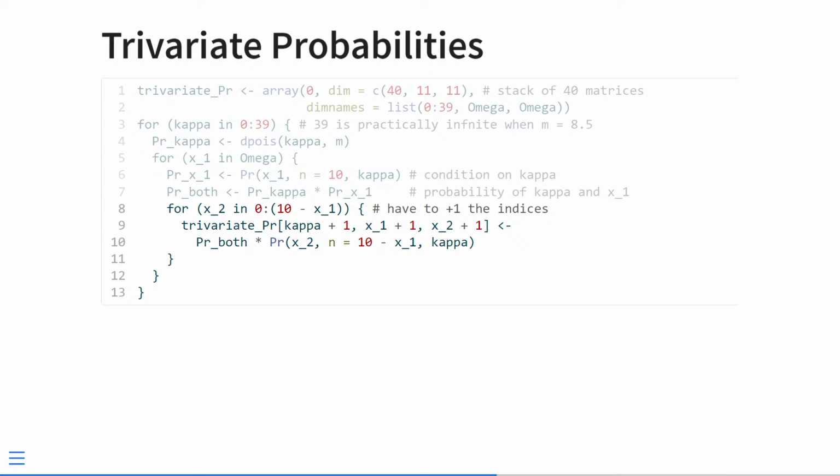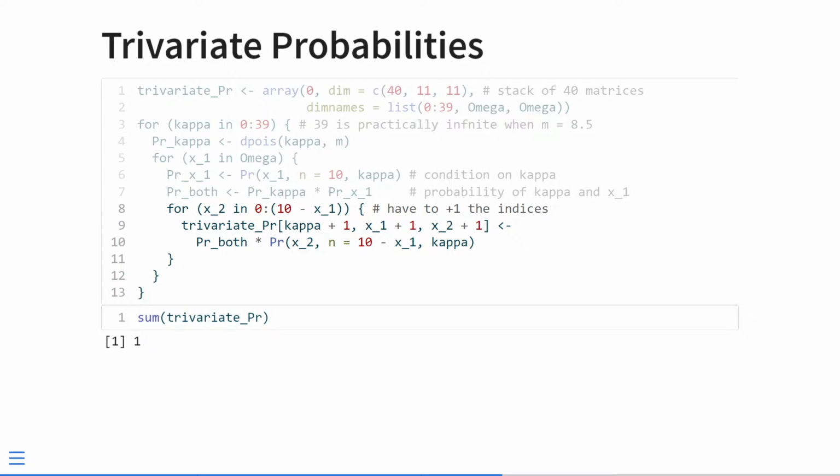I have to add 1 to the indices again because R starts numbering with 1, not 0. And I'm going to fill in the corresponding element of my 3-dimensional array called trivariate PR with the probability that kappa is whatever and x1 is that, both together, times the conditional probability of knocking down x2 pins on the second roll of my frame of bowling, given that 10 minus x1 pins are upright and conditional on the value of kappa, which governs the probabilities for how good or bad this bowler is.